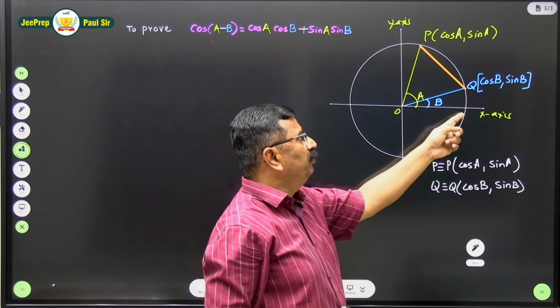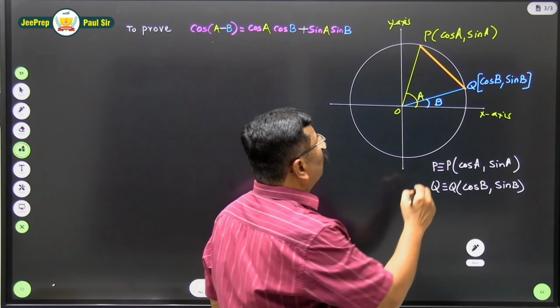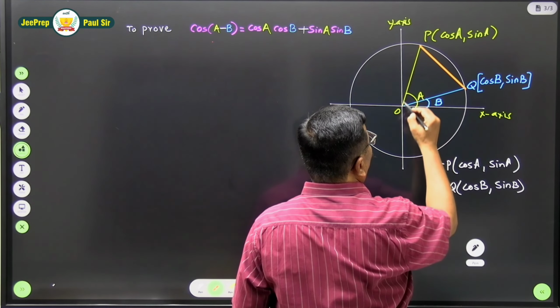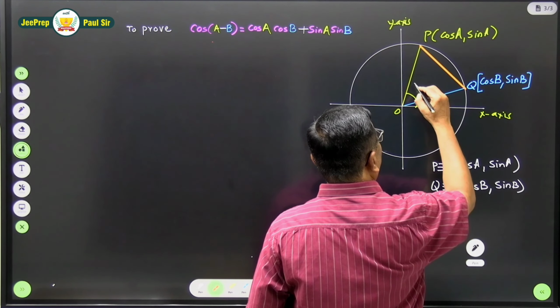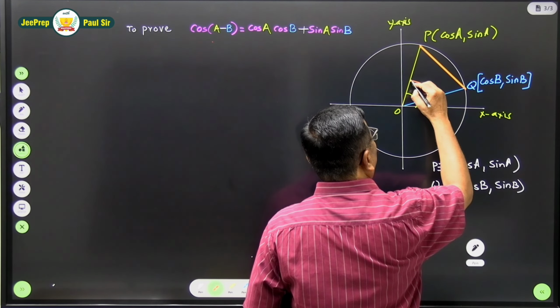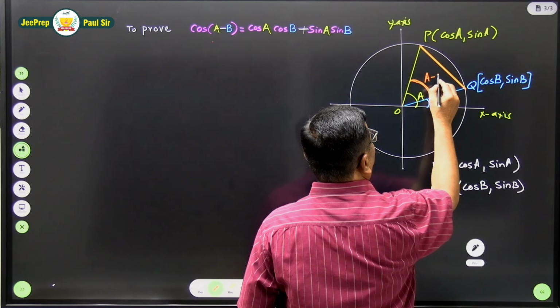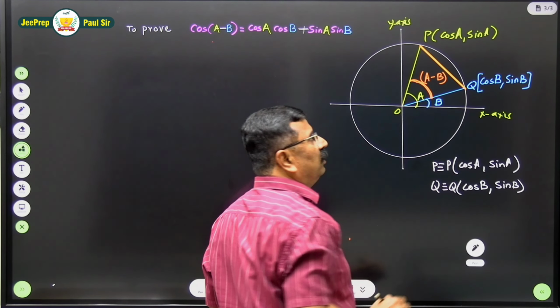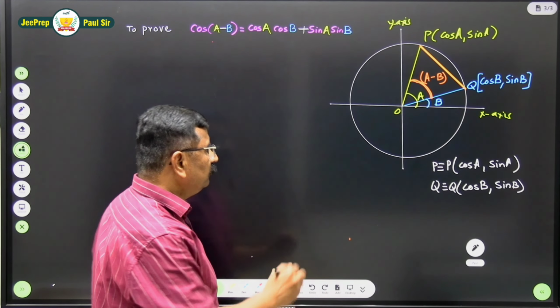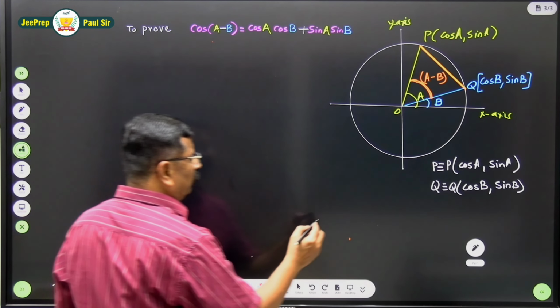OQ makes an angle B with the x-axis. And what is the angle POQ? This will be angle A minus B. Now let's find distance PQ.